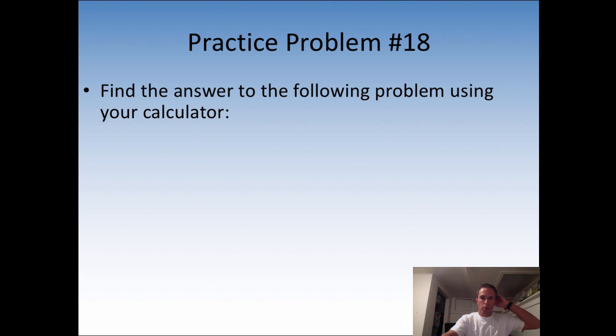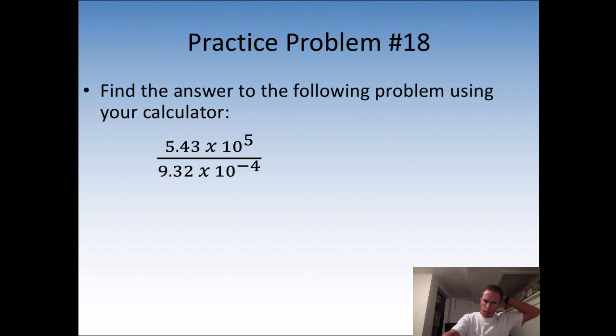Let's do one more practice problem on this. This one is a division between two numbers in scientific notation. What I would put in my calculator to get this right is 5.43 big E 5.